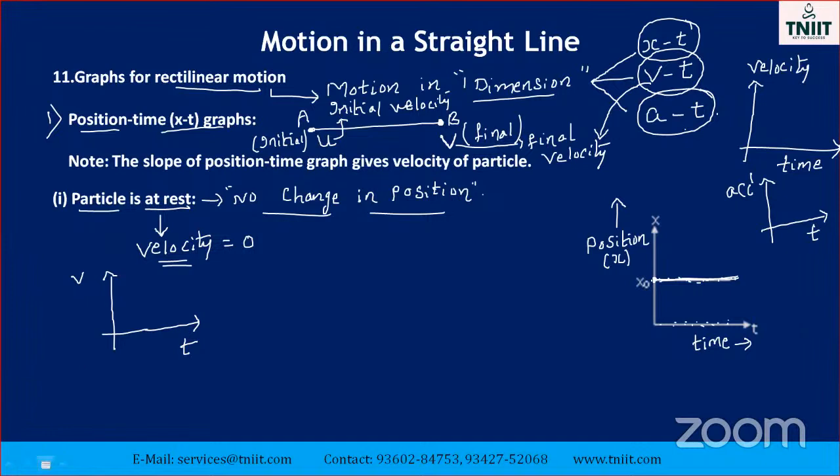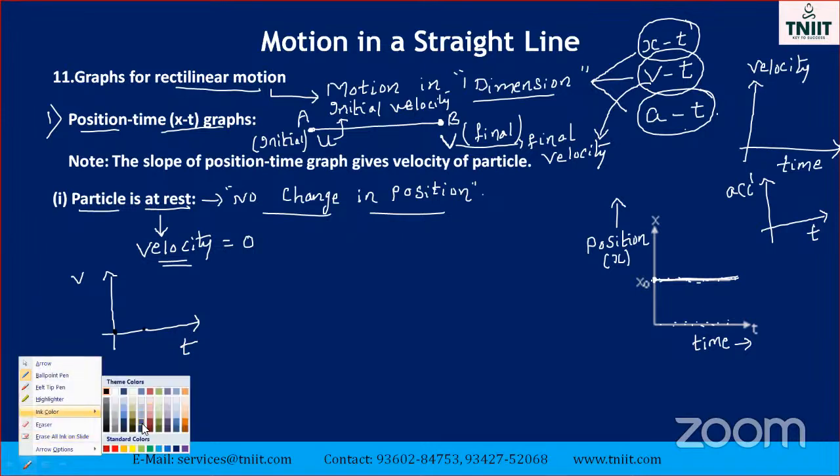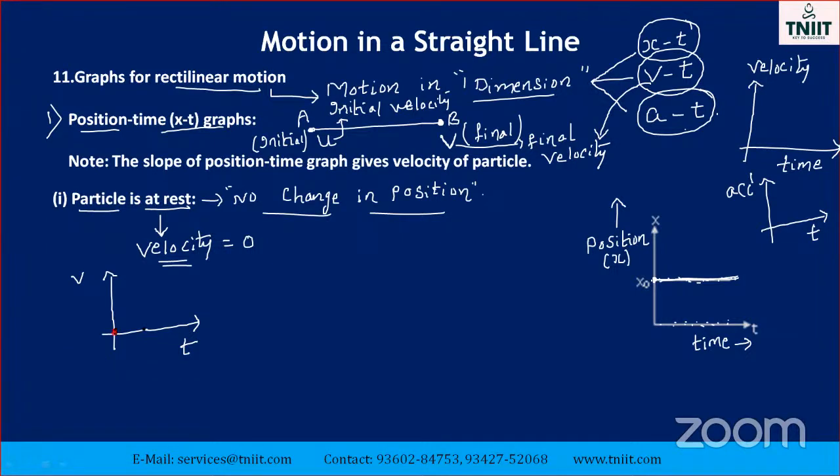Now look at this. If the velocity is zero, you have to show the velocity along which axis? Along the x-axis. So velocity is zero, so the line should be along the x-axis.